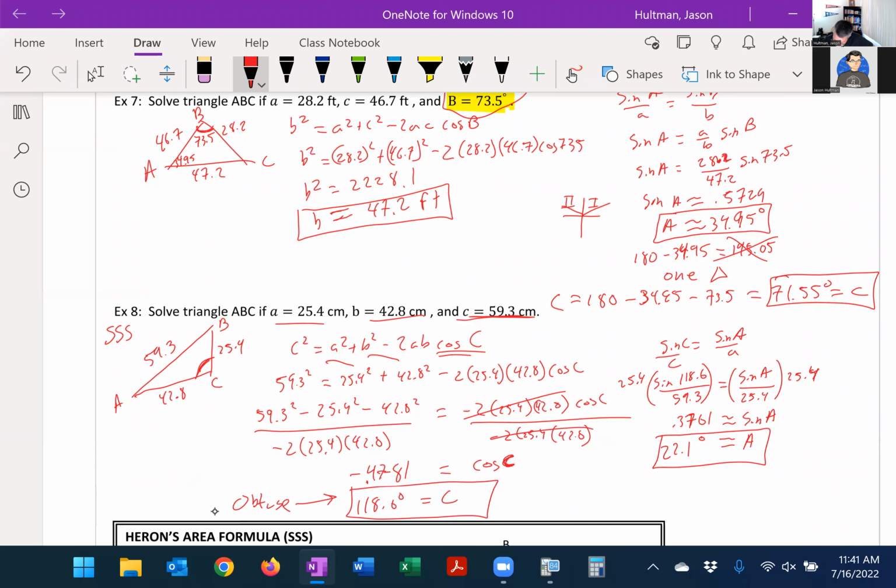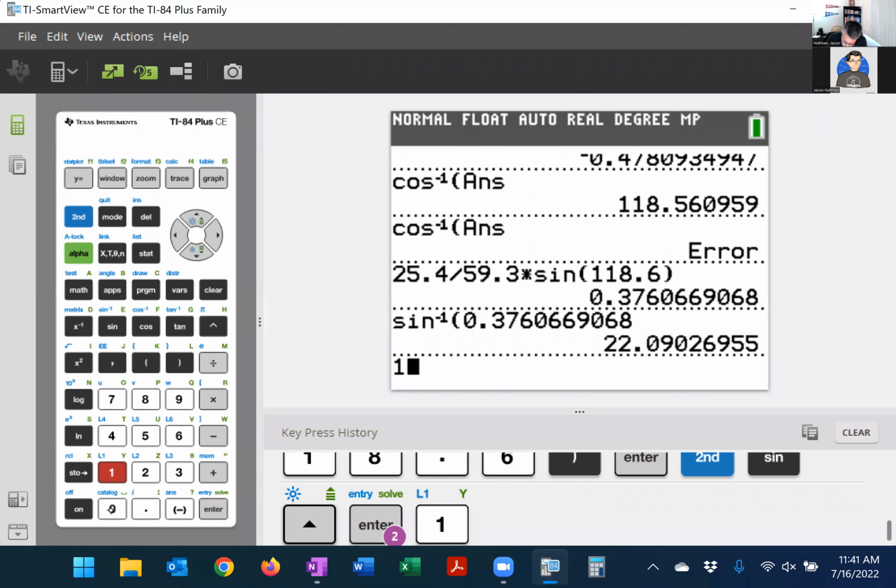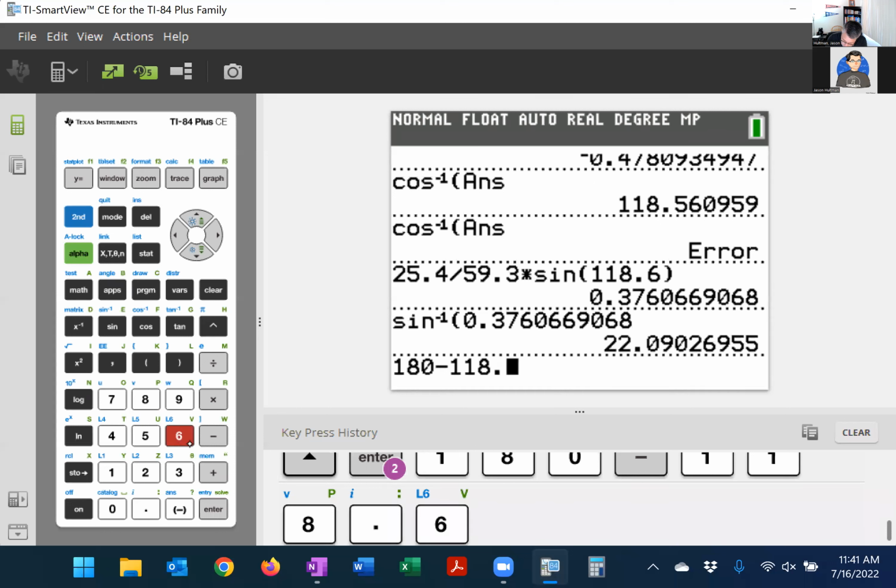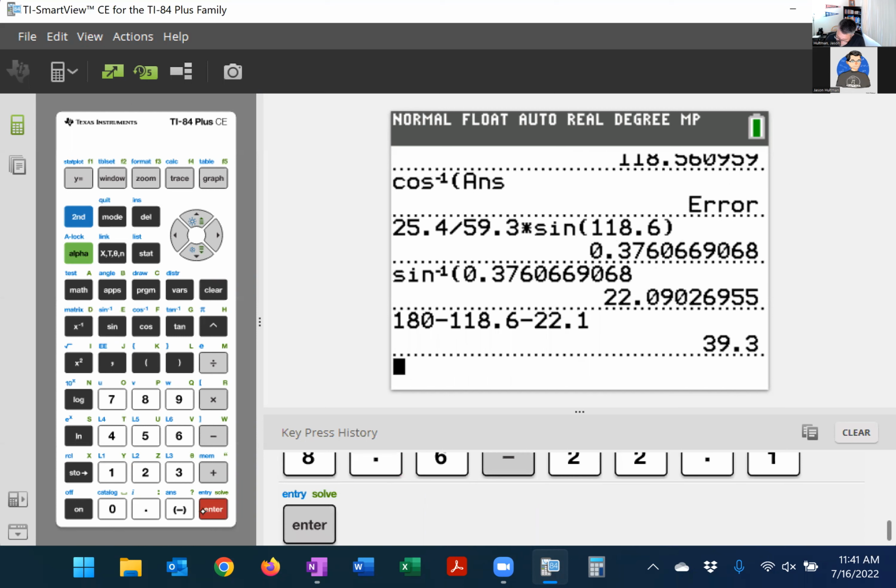So now to find angle B, we just subtract. B is 180 minus 118.6 minus 22.1, which is 39.3.